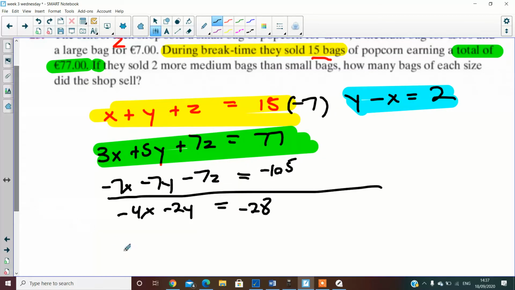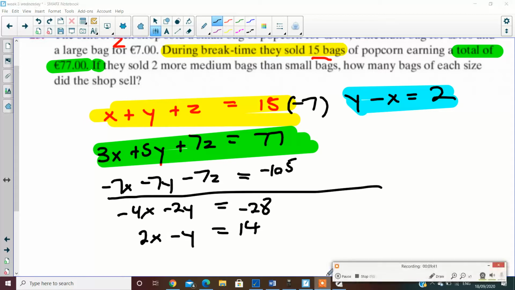Divide both sides by minus 2. Yeah, do that. 2x plus y equals 14.